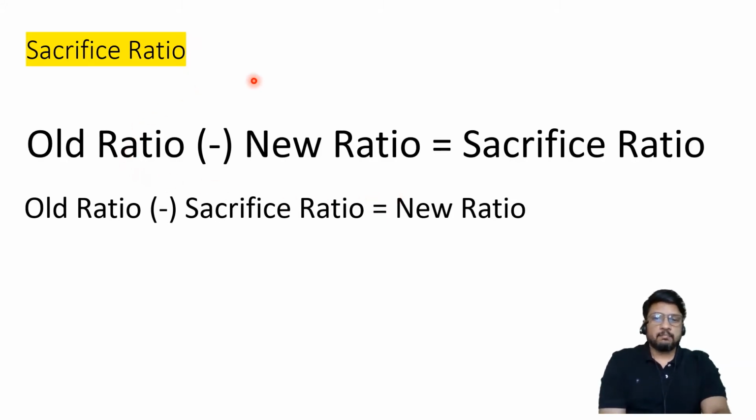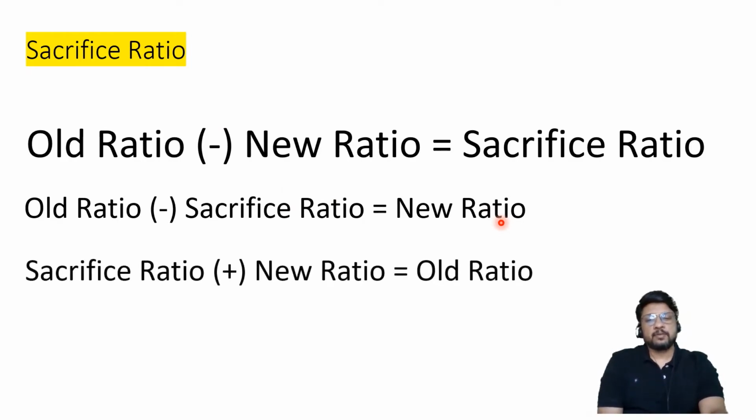10 minus 2 is equal to 8. It means 10 minus 8 is equal to 2. Simple mathematics, nothing special in that. And then one more relation I can specify: sacrifice ratio plus new ratio is equal to old ratio.